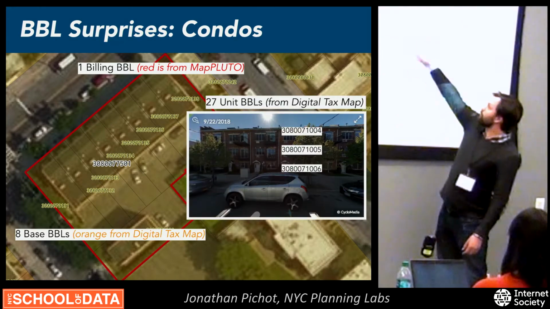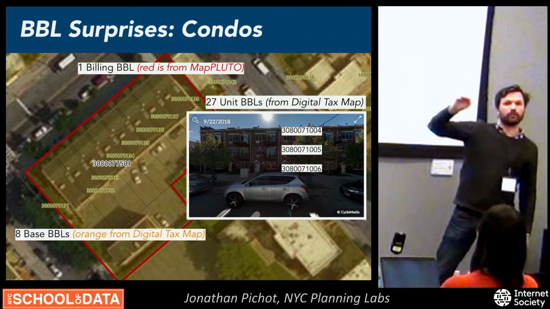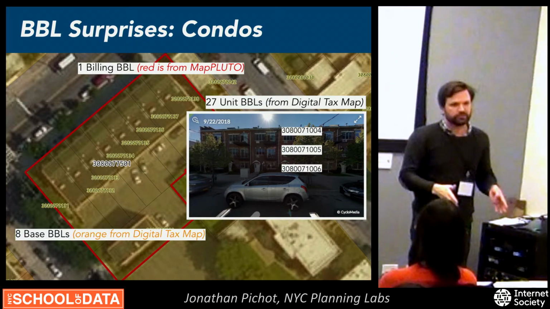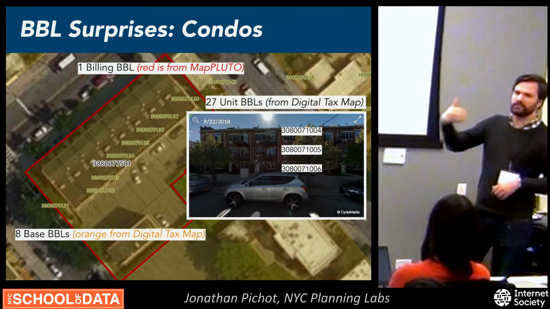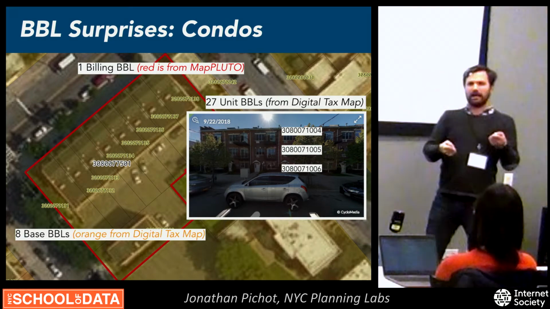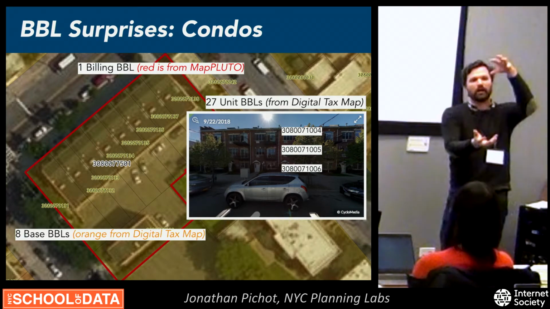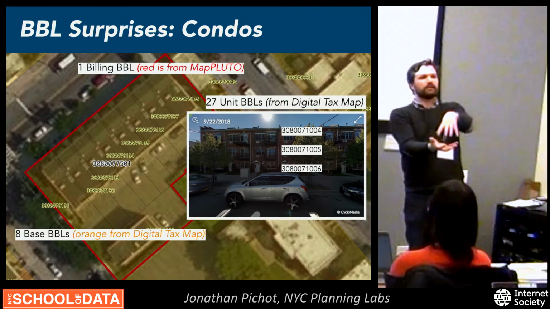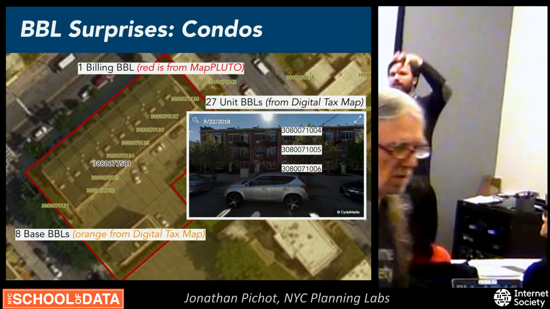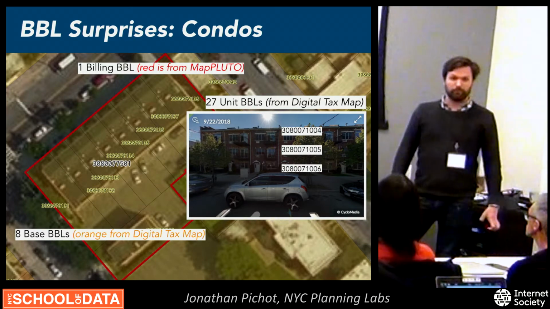These buildings are actually 3-story condos. And each floor of each base BBL also has a BBL because it's a condo that needs to be assessed and needs to be taxed. So that's this interlocking of a billing BBL, a base BBL, sort of a base of a building, and a unit BBL.